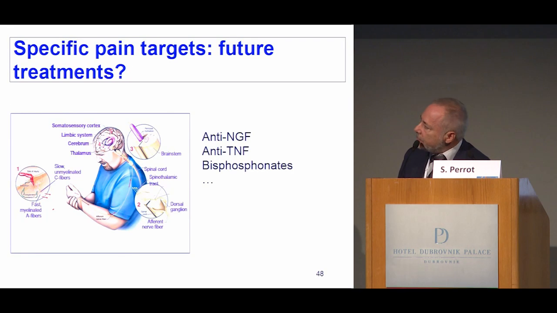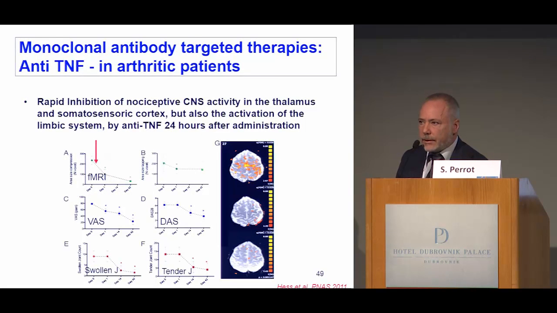A few words on specific pain targets and future treatments. There are lots of treatments that can be considered. Anti-TNF is frequently used in rheumatoid arthritis and inflammatory rheumatism.